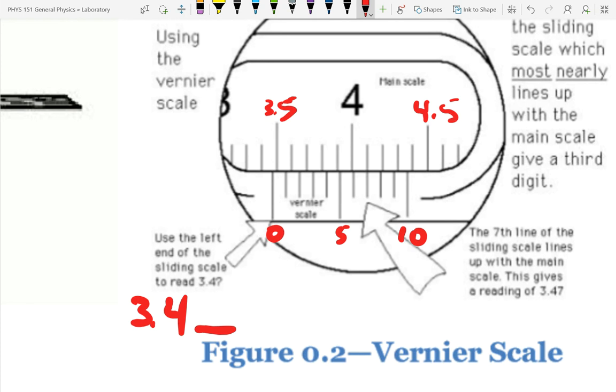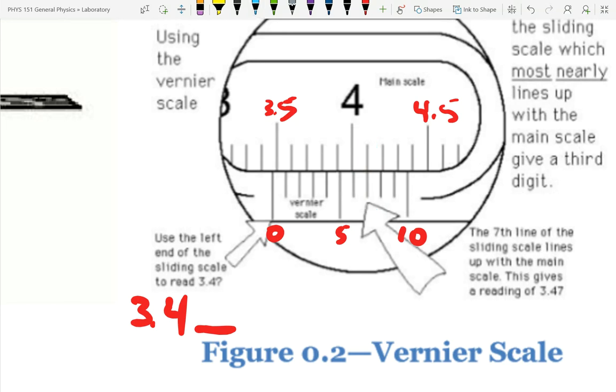The spacing down below is 10% smaller, so that you have 10 lines down below in the space that has 9 lines up above. Because of that 10% offset, you simply look down below and you say, which line in the bottom portion matches up best with any line up above? And this one here is the best matchup.